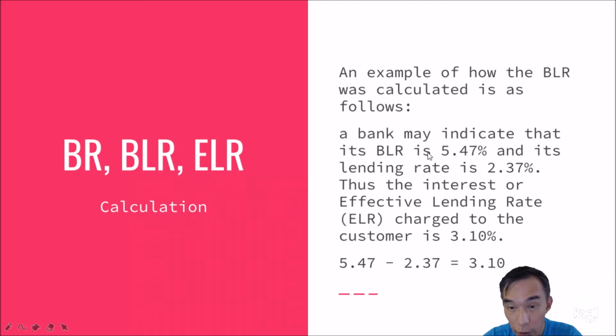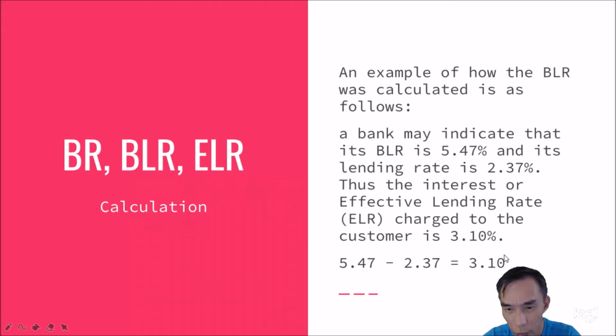Usually you can say that the BLR is the old one, the BR is the more stringent way of looking at the rate between banks, and then the effective lending rate, we will not know until we know how the bank calculates it inside, the formula they use. The bank may indicate the BLR is 5.47 and its lending rate is 2.37, and then the effective lending rate is calculated to 3.1.